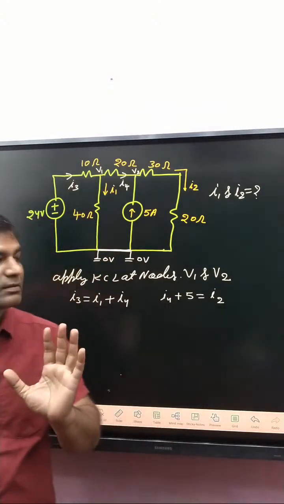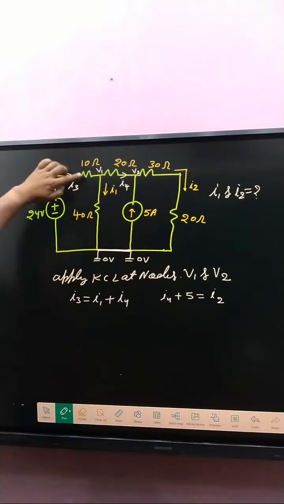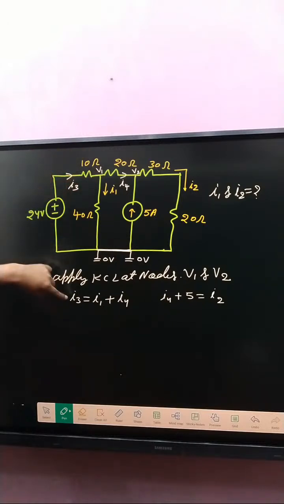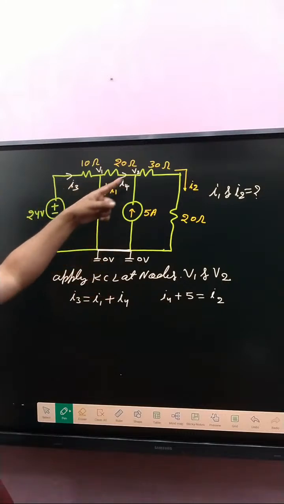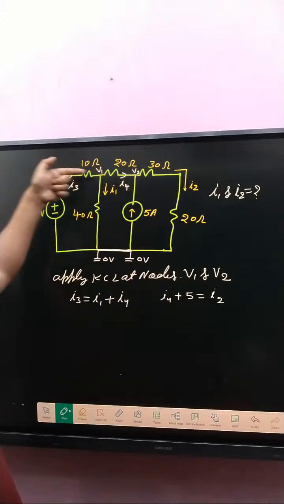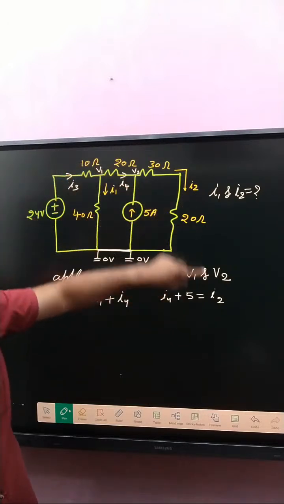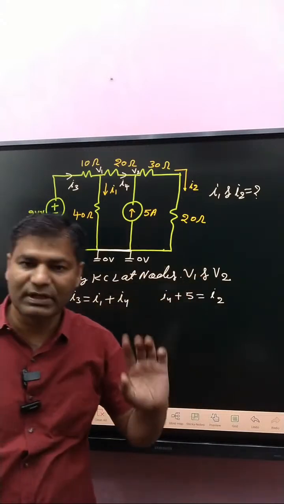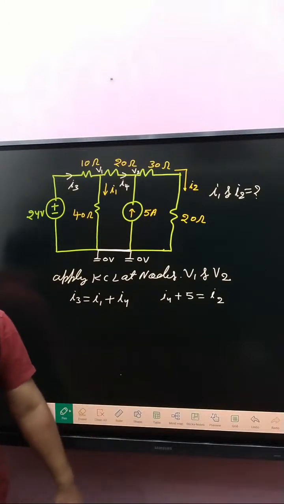So at the first node, only one current is incoming, I3, and outgoing currents are I1 and I4. At the other node, incoming currents are I4 and 5 ampere, and outgoing is I2. So I4 plus 5 equals I2. Clear or not? Now the next step.